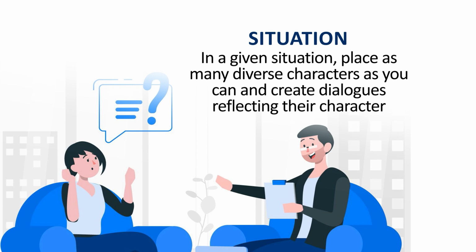Create the dialogues that would reflect their individual characters. That would give you a range of responses from different characters. Also remember that the same character may respond differently to different characters or different situations.